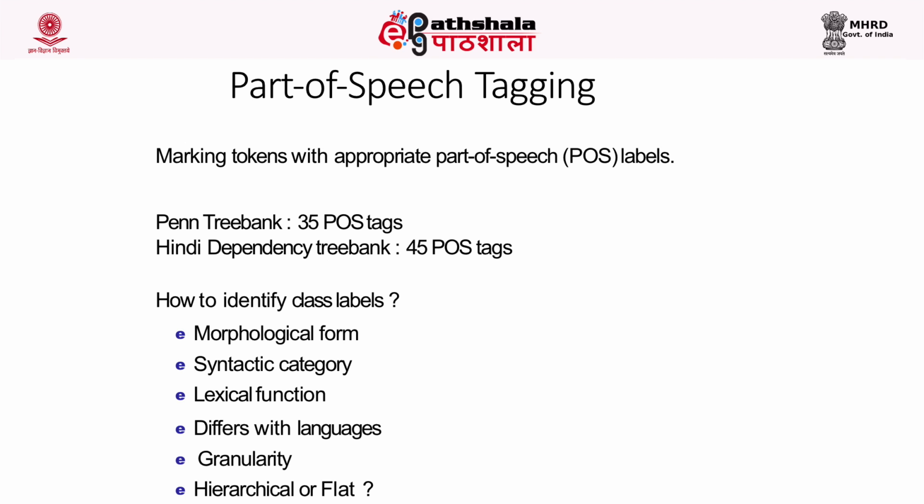There is also lexical function, and therefore there are different kinds of information that one uses. These linguistic aspects may differ from one language to another, and therefore the labels that languages choose may be different. Hence 45 part of speech tags for Hindi and 35 for English.